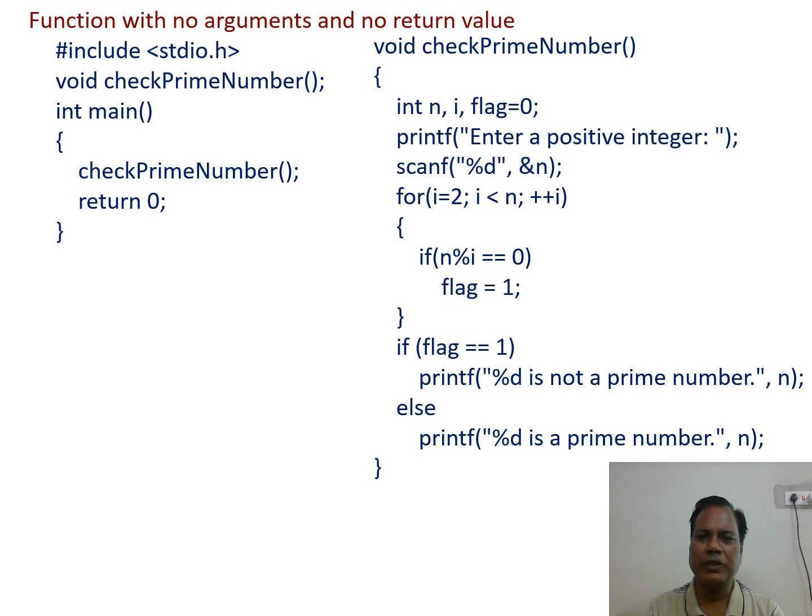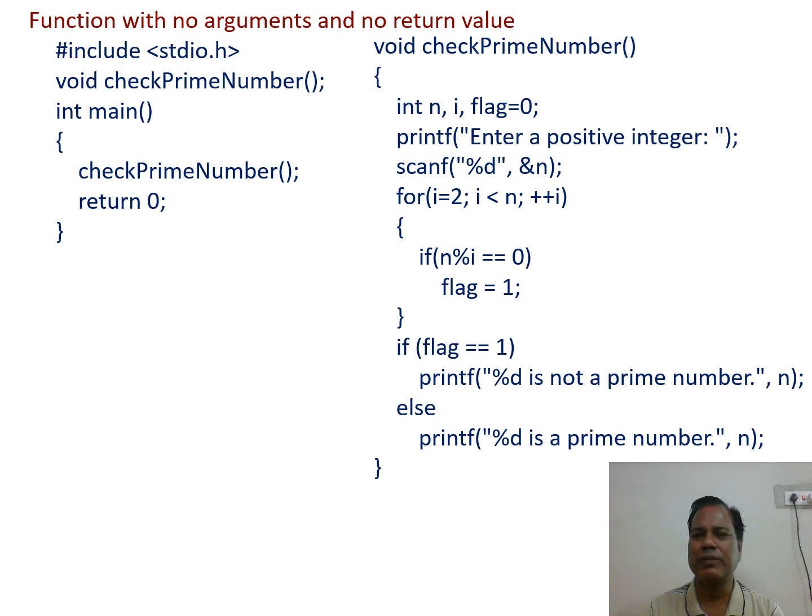In the body of this function, the first statement is int n comma i comma flag equal 0 semicolon. Using this statement, three integer variables are declared: n, i and flag. Simultaneously, flag is initialized to 0.